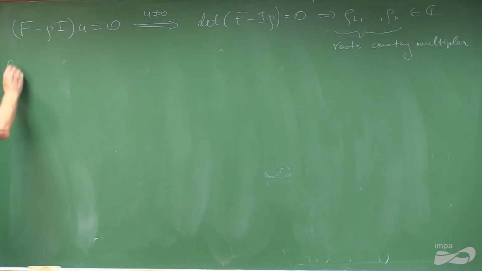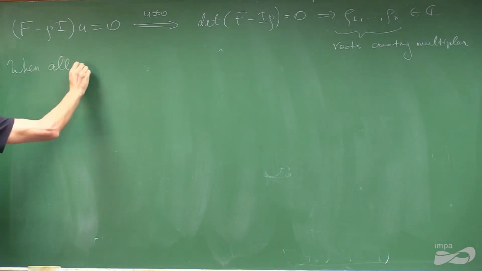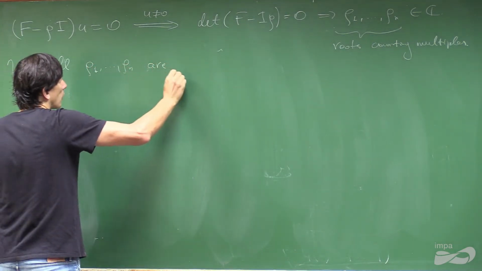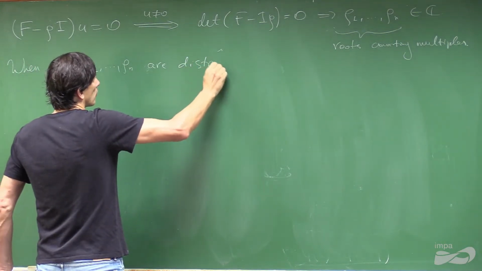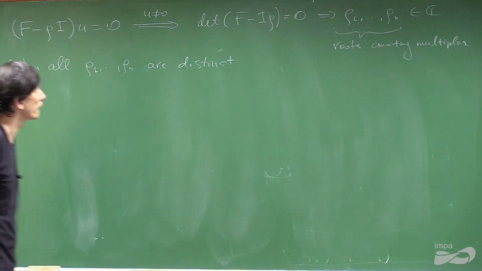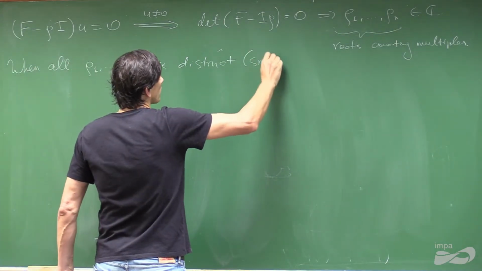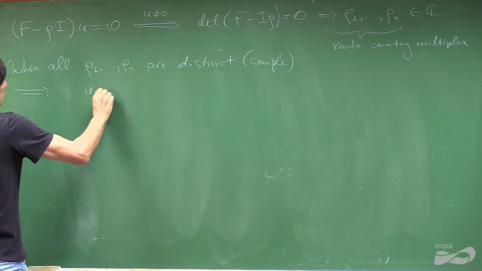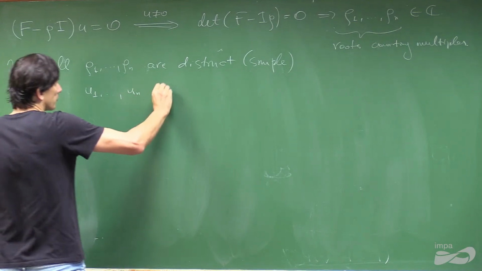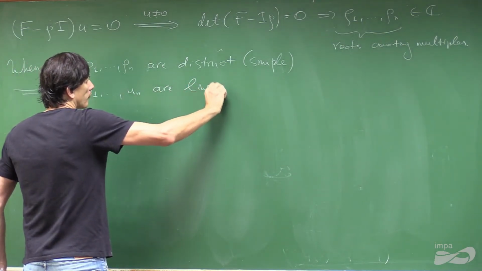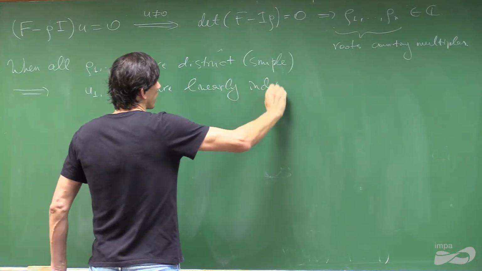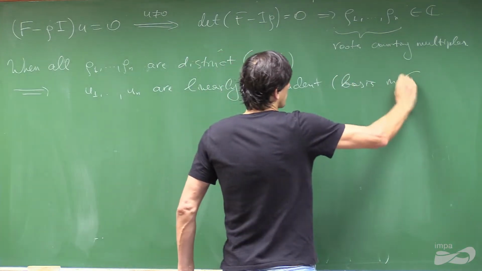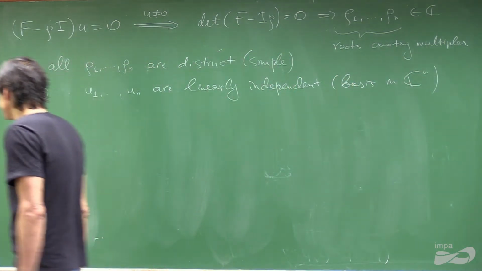So when all of them are distinct, so all of them are simple, in that case, the corresponding eigenvectors are linearly independent. So they make a basis in the linear space.